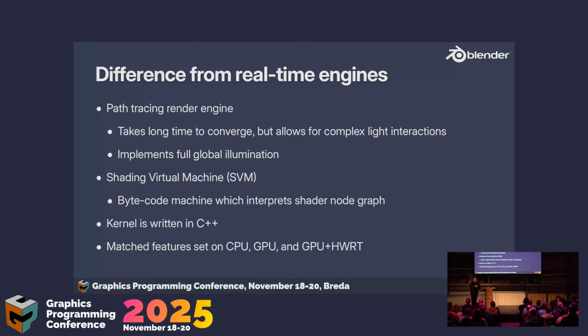The kernel is written in C++, and we also aim to keep the feature set, the image quality and the image look the same regardless of what compute backend you use, whether it's CPU or GPU, or whether you sprinkle in some hardware ray tracing as well. We want to be transparent to the user, whatever device you use, without changing the final look of the frame.